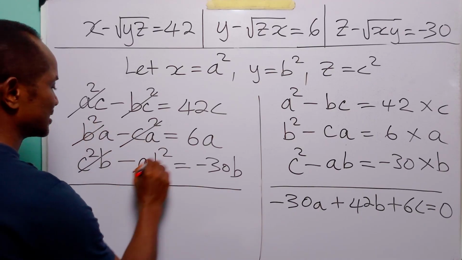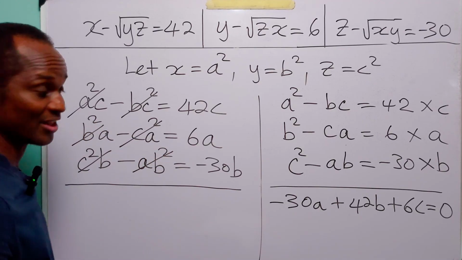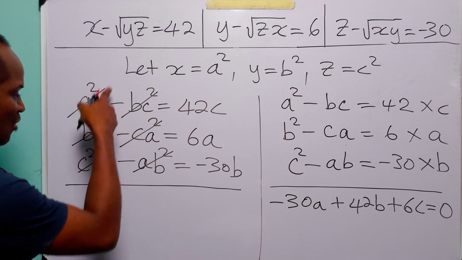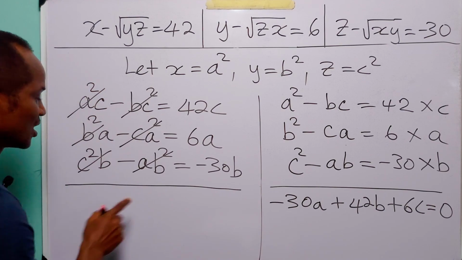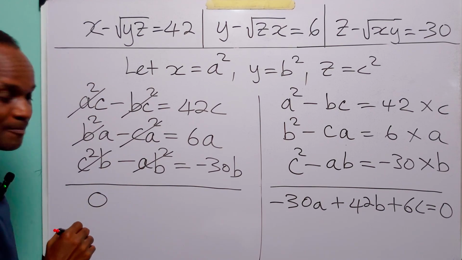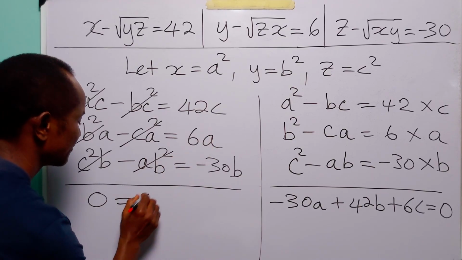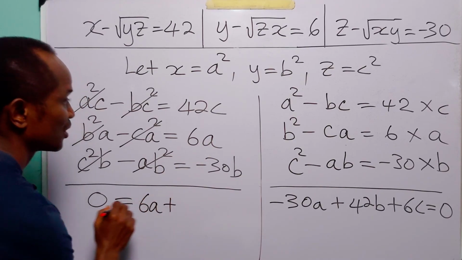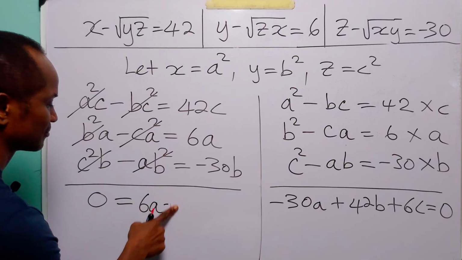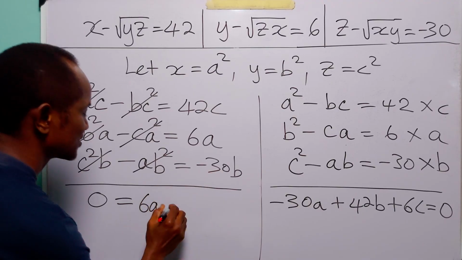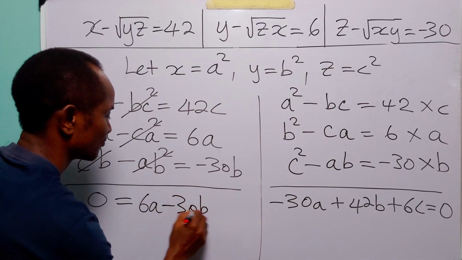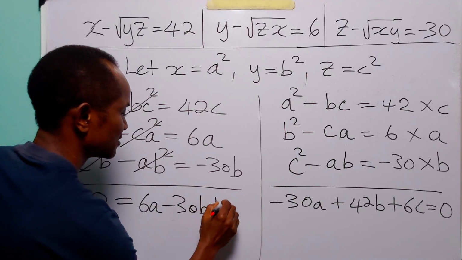So this and this are also going to take care of themselves. And once more, on the left-hand side of this, we are left with 0. And this is equal to 6a minus 30b plus 42c.